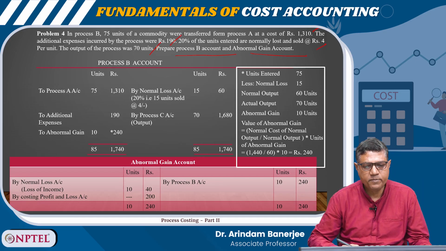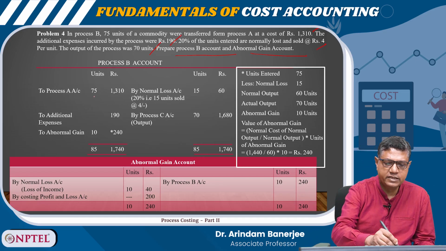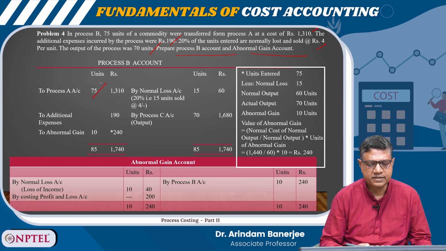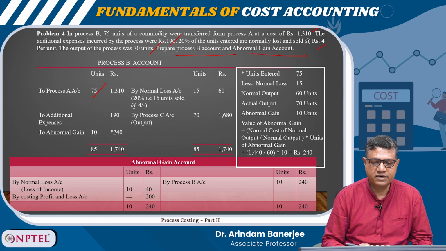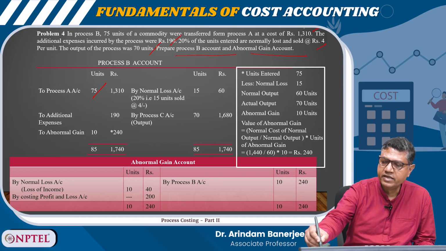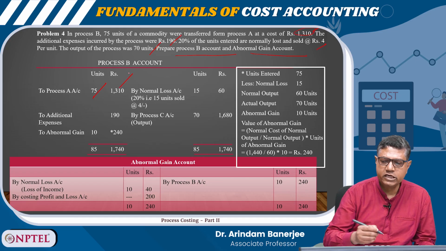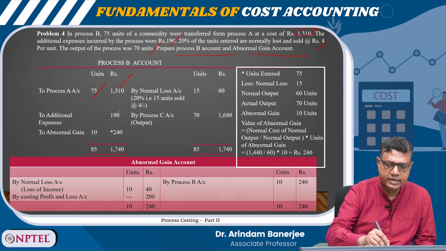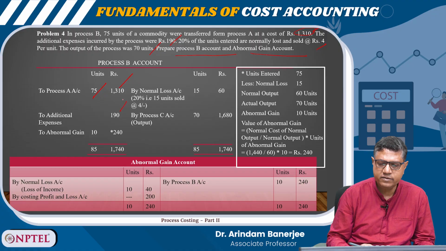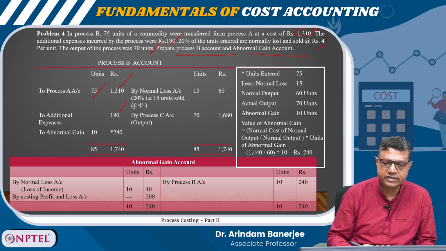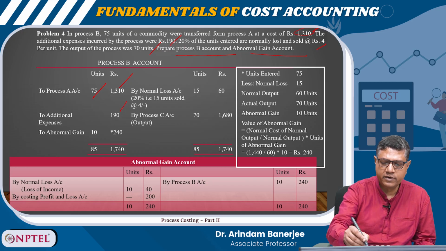So, we need to create two accounts, one is the process B account and another one is the abnormal gain account. From process A, how much is coming? It is 75 units, and its value is given here, 1310. So, I am putting 1310 here. Additional expenses, it is given 190. Normal loss, they have said it is 20% of the units entered.